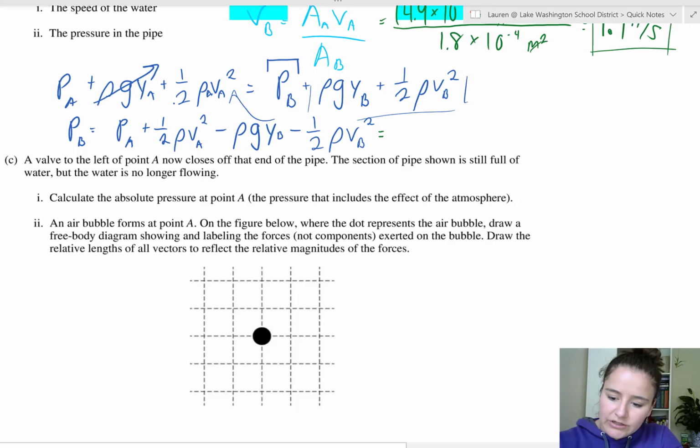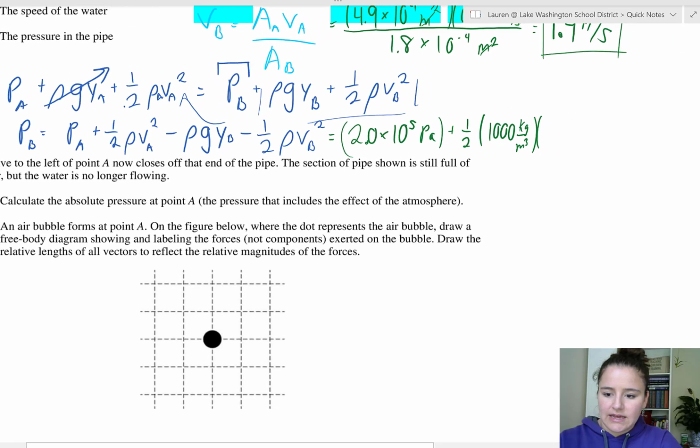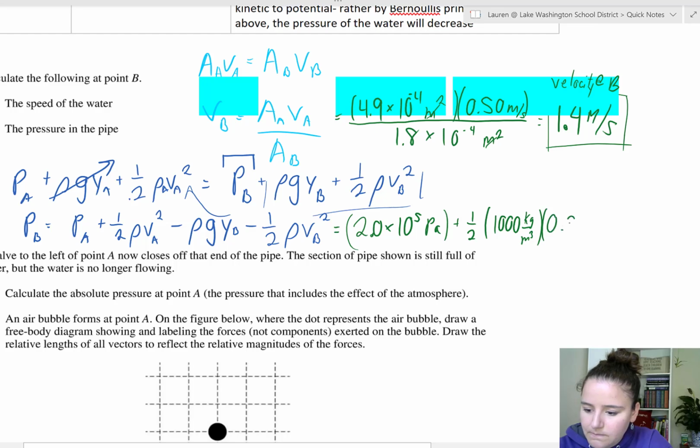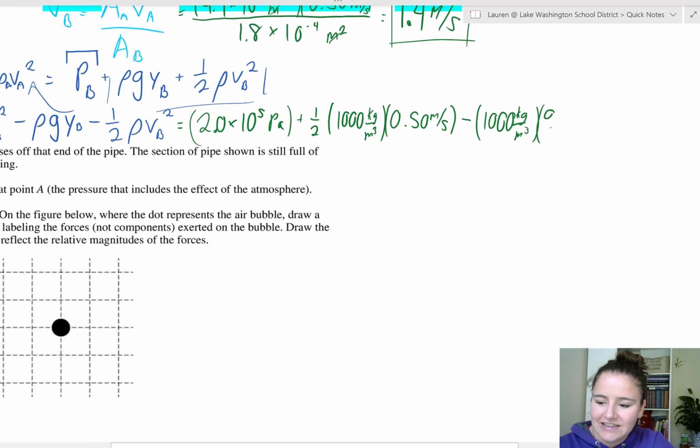Okay, so we have 2 times 10 to the 5th pascals plus 1/2 times the density of the water, 1,000 kilograms per meter cubed, times the velocity at A, which we have written in the previous problem, 0.5 meters per second, minus the density of water again, 1,000 kilograms per meter cubed times gravity, 9.8 meters per second squared, times the height at B, which was 5 meters.